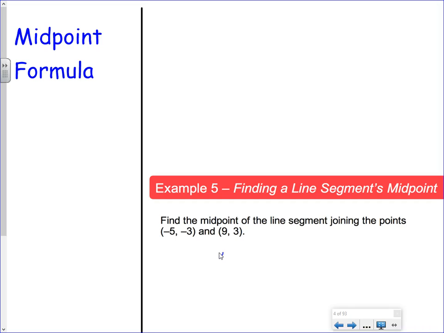I'm not going to show you all the geometry to this and all the behind the scenes because we spent a lot of time on the distance formula, but I will quickly remind you that when you have some sort of line with an x1 and a y1, an x2 and a y2, for the midpoint, which is the point that is halfway between each of those, I want you to think of average.